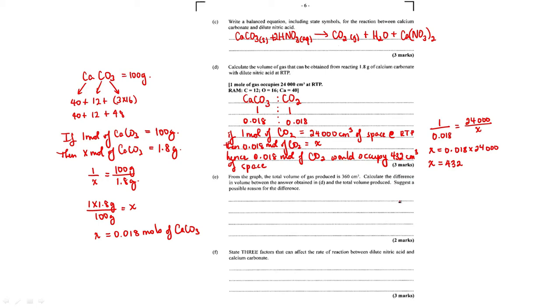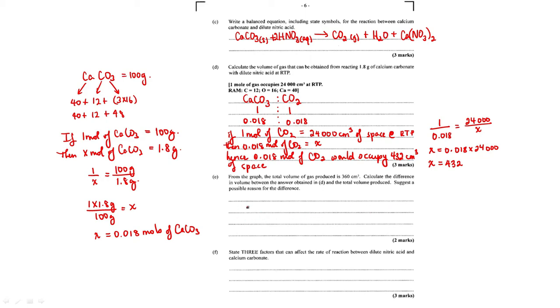So this suggests a possible reason for this difference, and that's probably due to impurities or to gas being lost due to poor connections made. So maybe you didn't grease the bung when you put it in, and gas was just lost through there, or maybe gas was lost through the syringe.